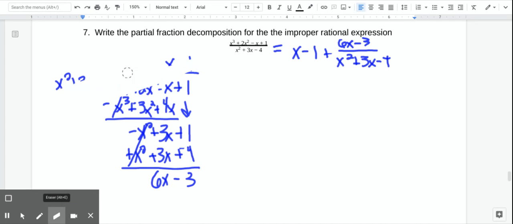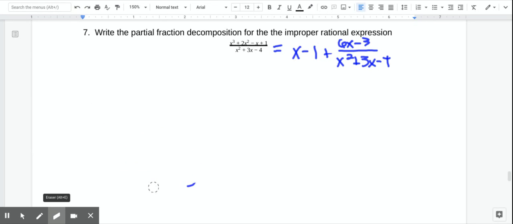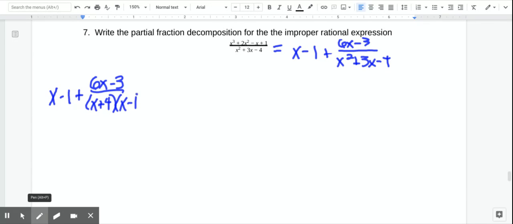Okay, I'm just going to erase this long division because I don't have room to do the rest of the problem if I don't. Okay, so now this problem, we have this x minus 1 plus 6x minus 3 over, and I'm going to factor this. Let's see, that factors into x plus 4, x minus 1. I think that sounds right.